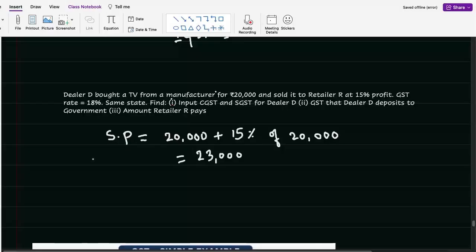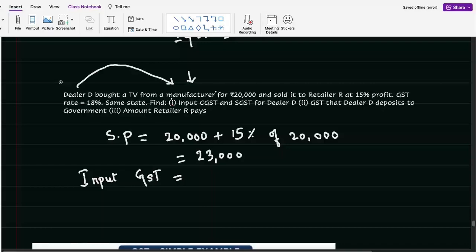So this is a case of intrastate. So input CGST will be 9% of 20,000. How much he paid to the manufacturer, that is what matters. What he is paying to the manufacturer is the input GST. Try to understand this part very well: what is input GST and what is output GST? This dealer is paying some amount as GST to the manufacturer, where the product originates. So the dealer is purchasing from the manufacturer and giving him some GST amount.